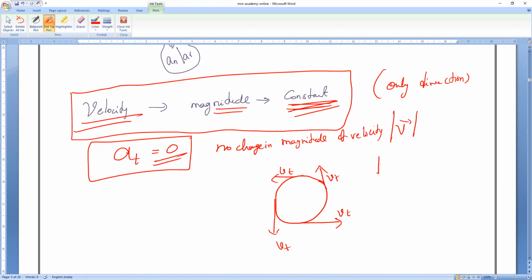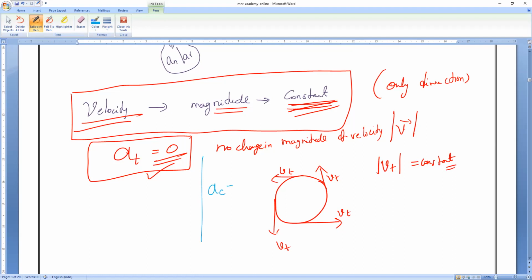So tangential acceleration becomes 0. Whenever the velocity magnitude of the body remains constant, the body will possess only one acceleration, centripetal acceleration. What is the centripetal acceleration formula?